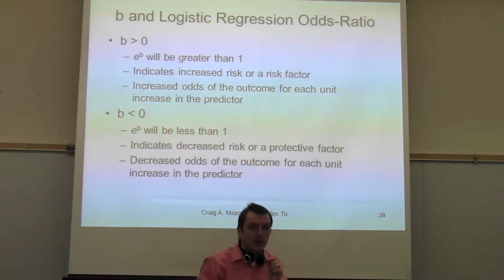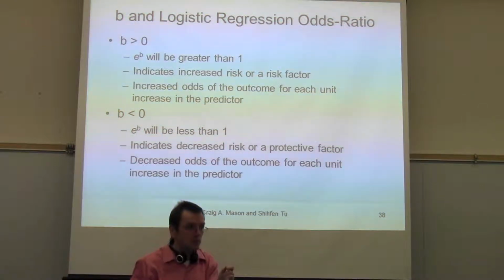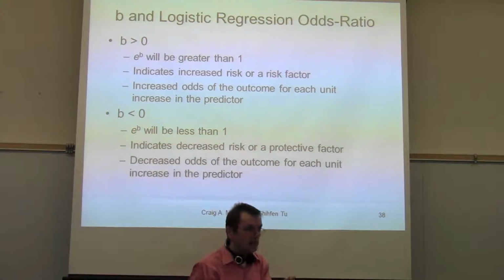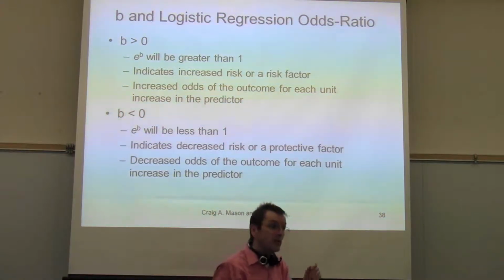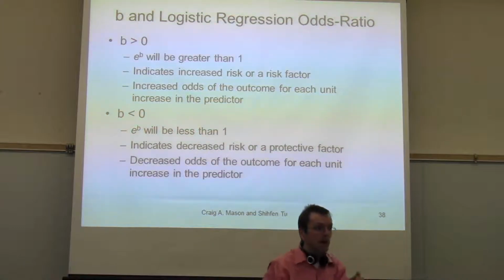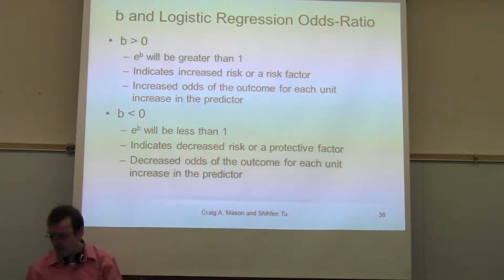Notice it's not adding 2 to the odds. It's multiplying it by 2. So a unit increase doubles the odds, and another unit increase doubles the odds again. That's why in hindsight I should have switched some slides around, but we'll get to that.